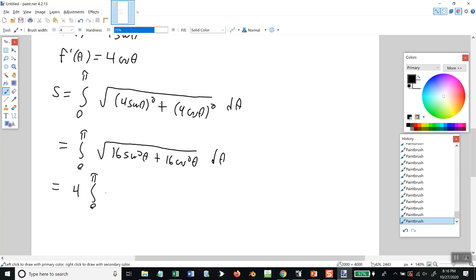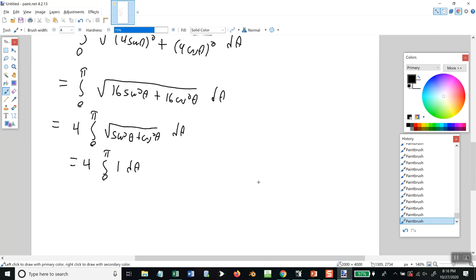And then I'm left with sine squared plus cosine squared inside, which gives me 1. And square root of 1 is 1. Then the integral of 1 is theta from 0 to pi, which would give me 4 pi as my answer.